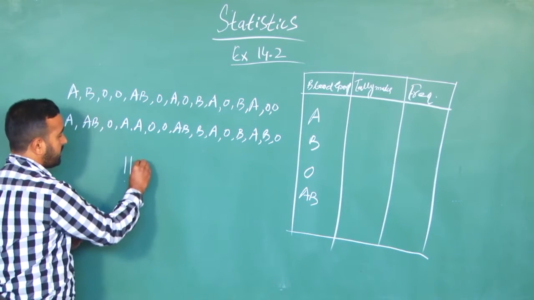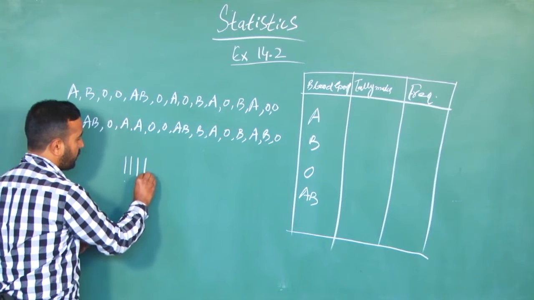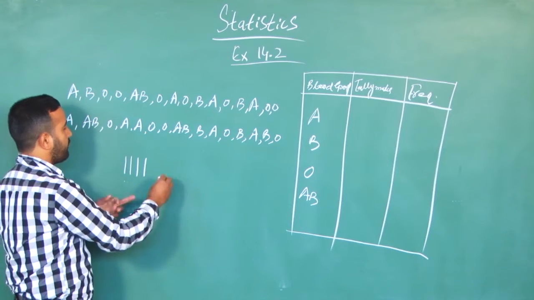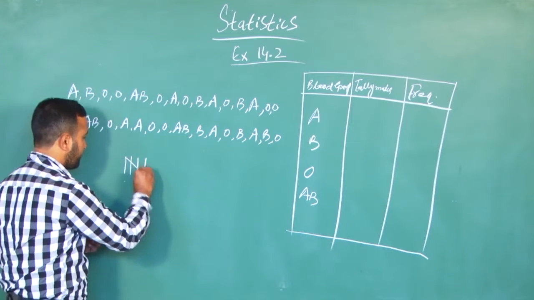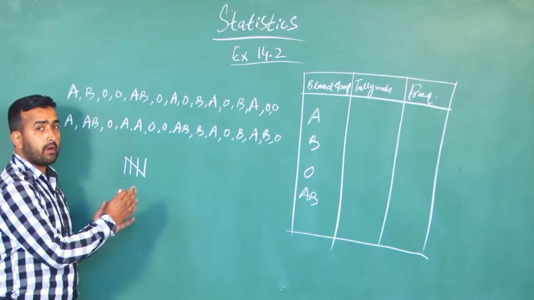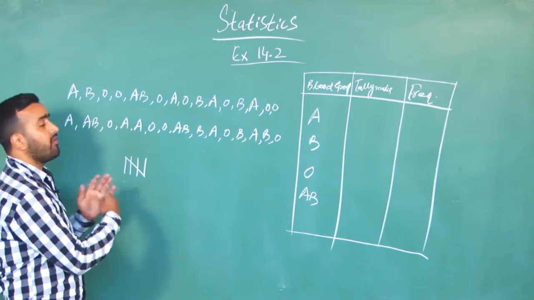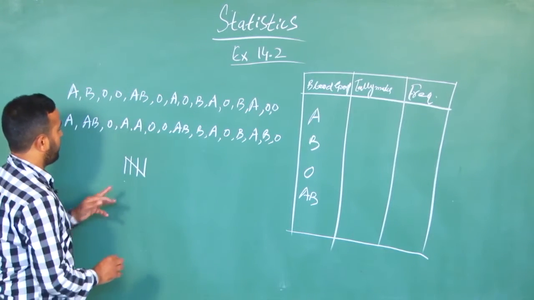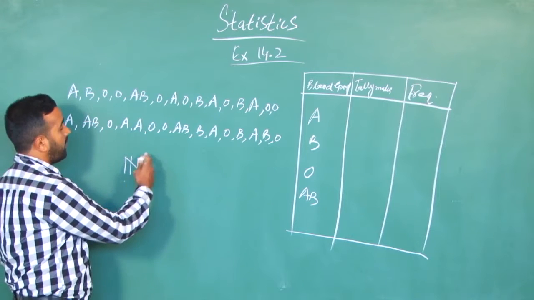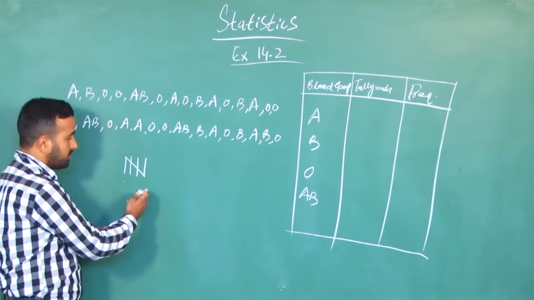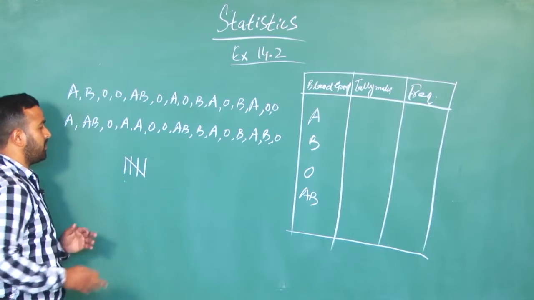Twice, then a second, then a third, then a fourth, and for the fifth one we cross it like this. In this way we are counting the blood groups in groups of fives, so we don't have to put another tally mark here. This is the counting principle.